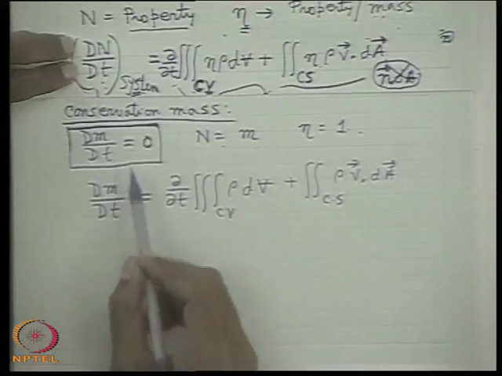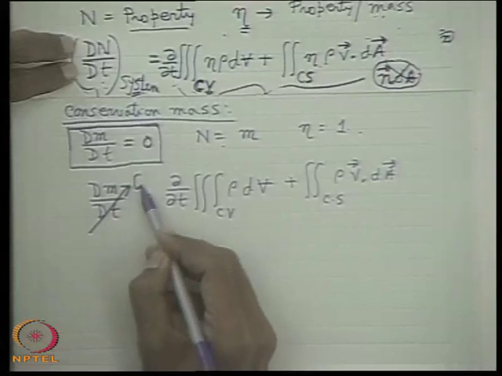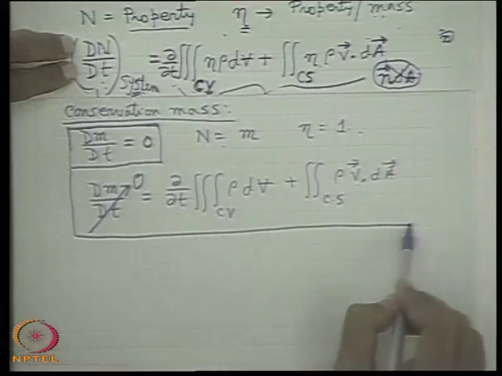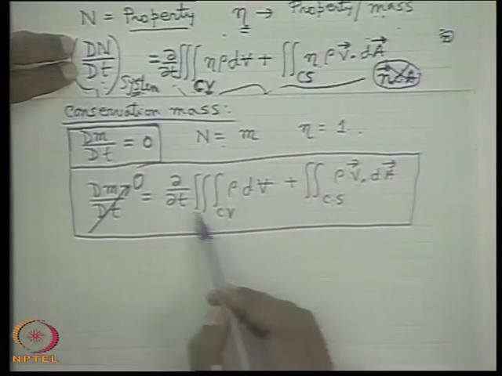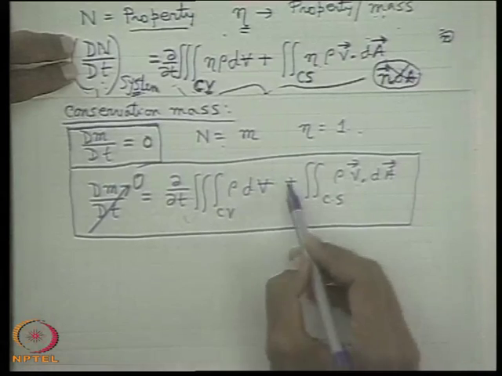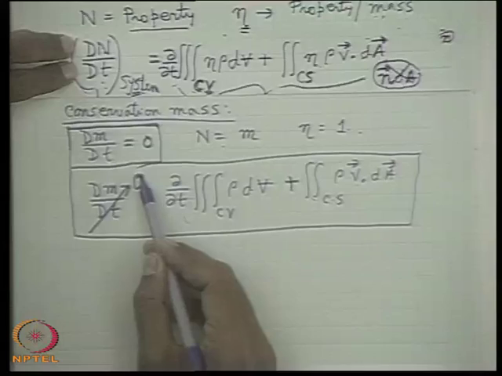By the law of conservation of mass this has to be 0, which is the well known continuity equation in integral form. That is, the time rate of change of mass within the control volume plus the net rate of mass efflux from the control volume is 0.